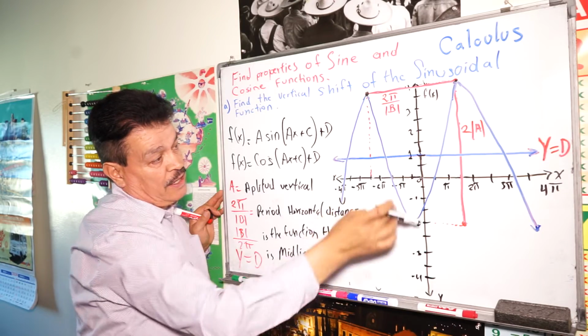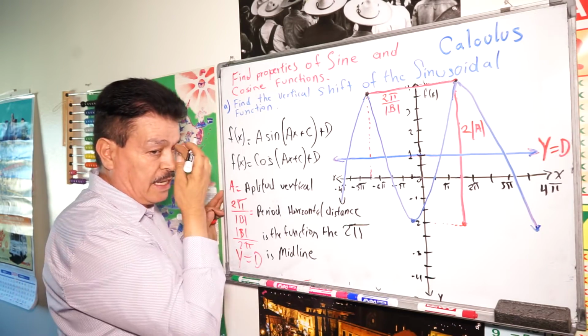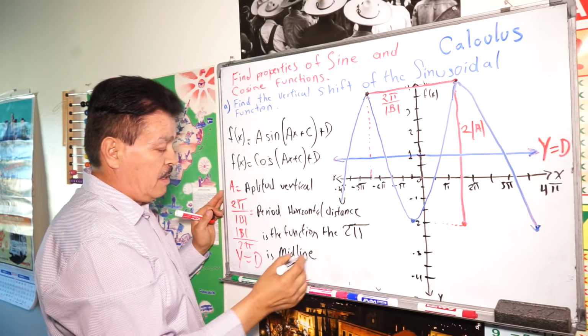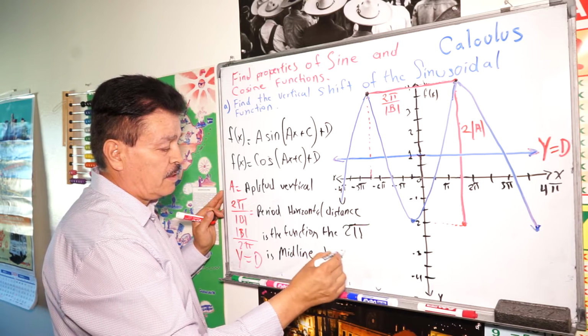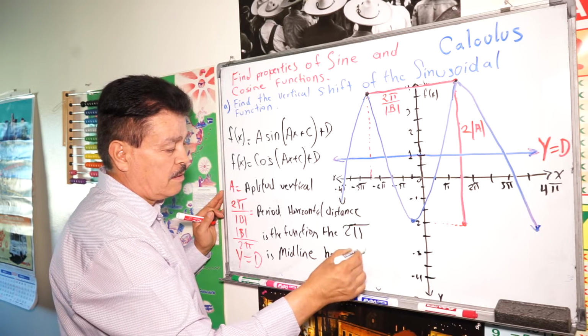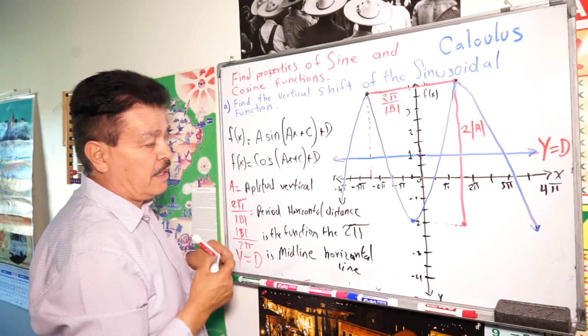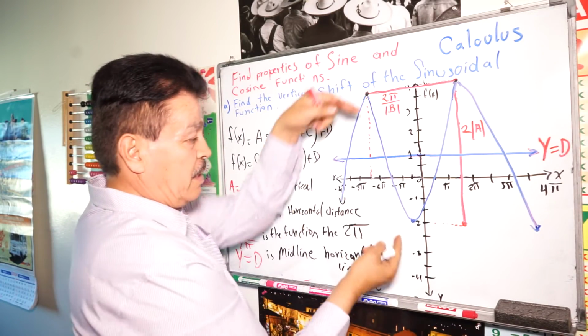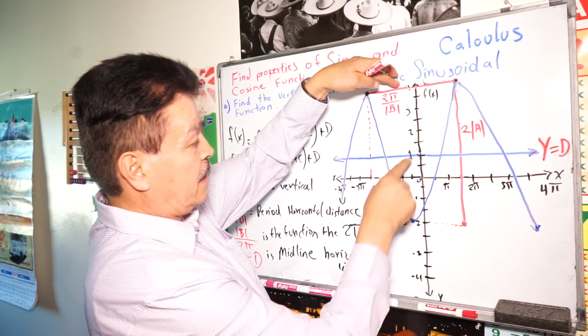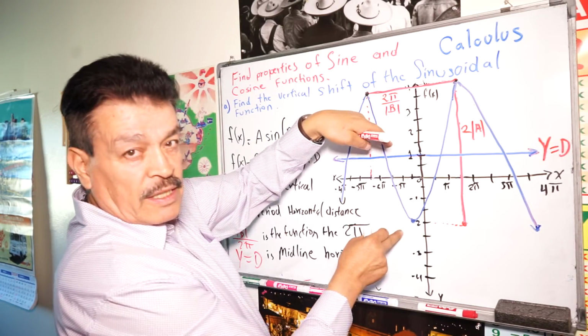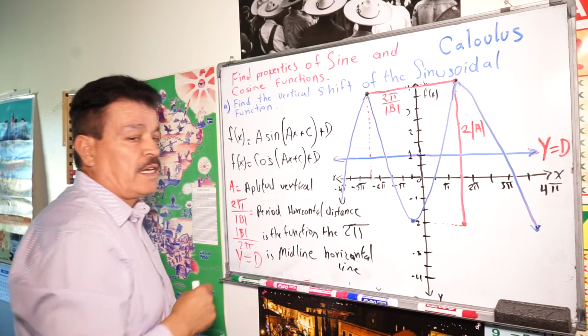See the graph here, these middle lines, horizontal lines. This line cuts the graph exactly in the middle. This line is y equals d.